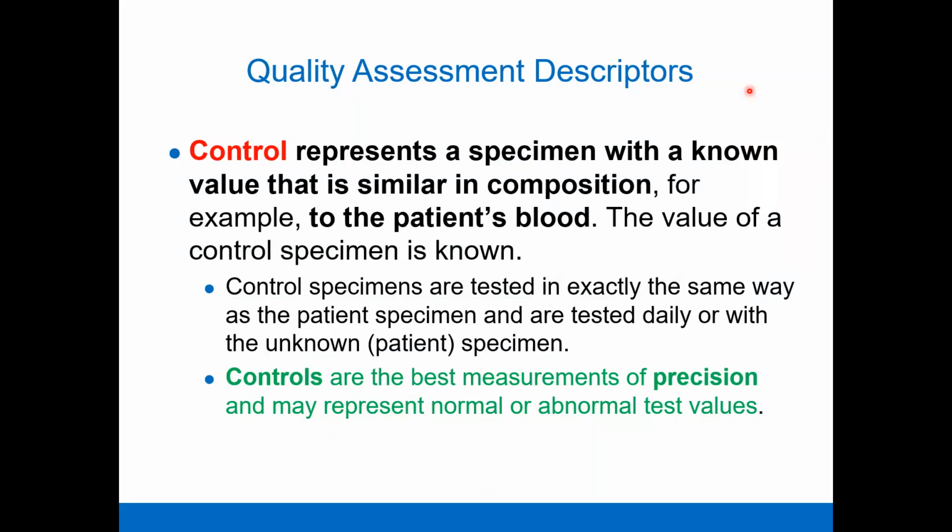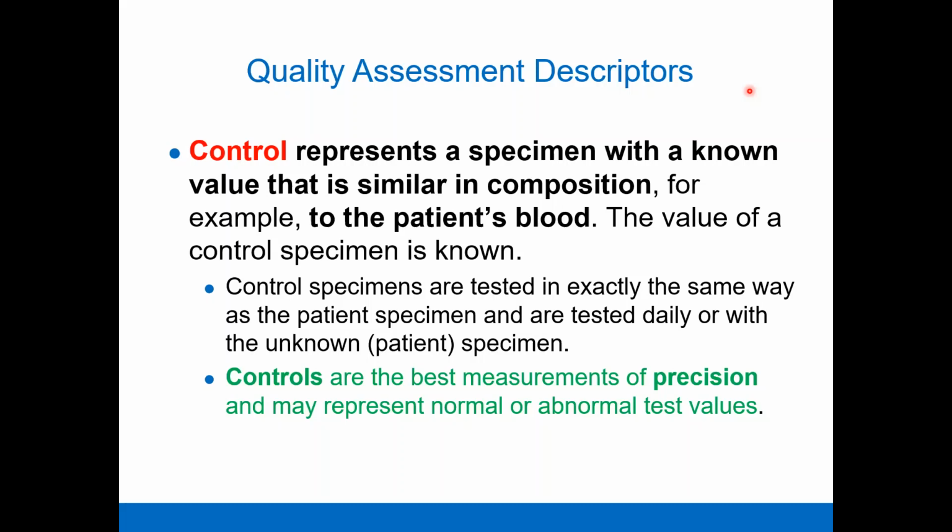Standard means what I mentioned before. A control represents a specimen with a known value that is similar in composition, for example, to the patient's blood. Okay, we are using control serum in the clinical laboratory, and calibrators.